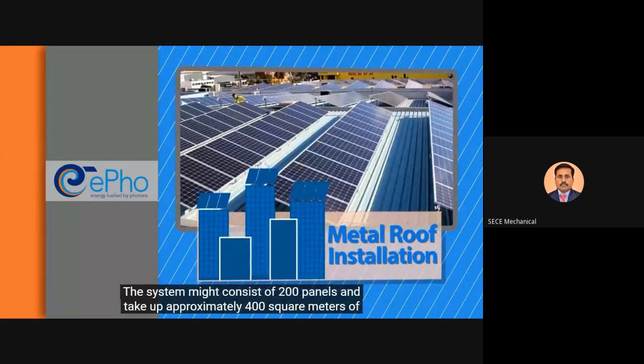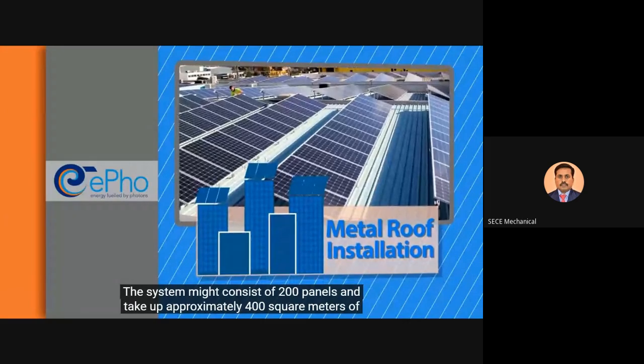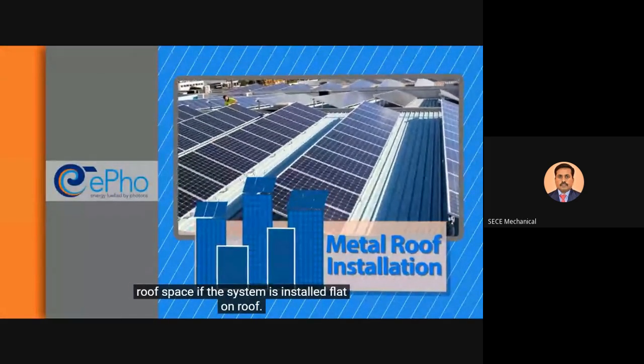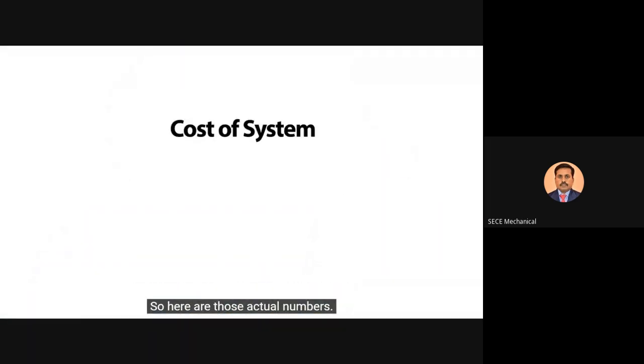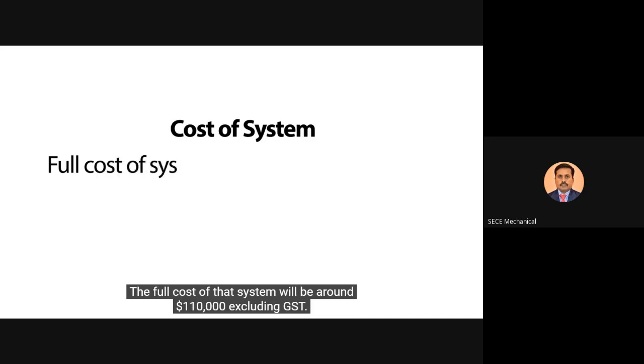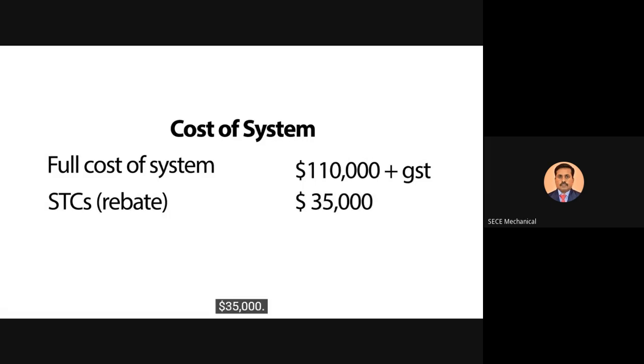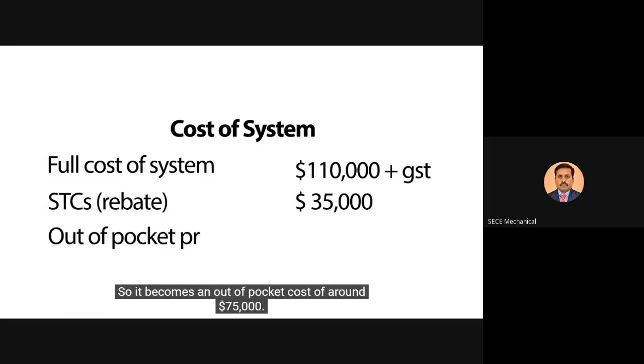This system might consist of 200 panels and take up approximately 400 square meters of roof space if the system is installed flat on the roof. So here are those actual numbers. The full cost of that system will be around $110,000 excluding GST. You then get a point of sale rebate for the STCs, which are created and are worth around $35,000. So it becomes an out-of-pocket cost of around $75,000.